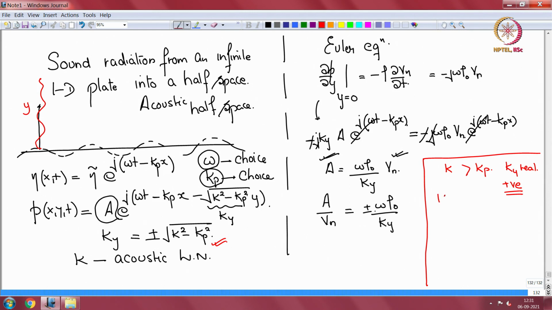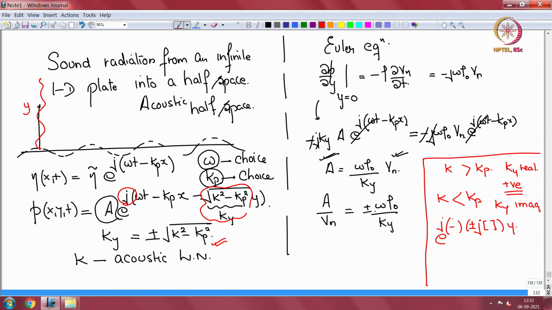However, k could be less than kp, in which case ky can be imaginary. If ky is imaginary, and I have a j over here, I will have j times something over here. So I will have e to the power j, then a minus, then a plus or minus j times something into y.